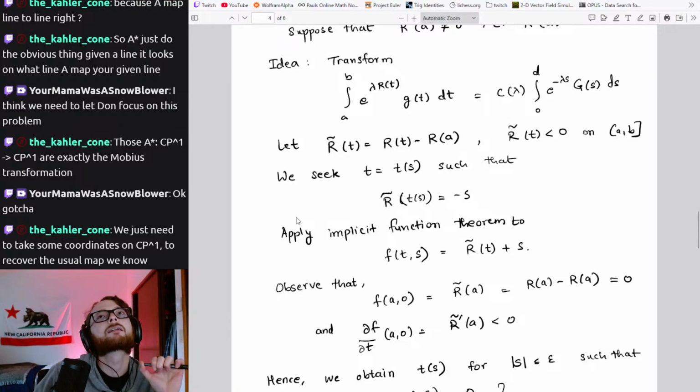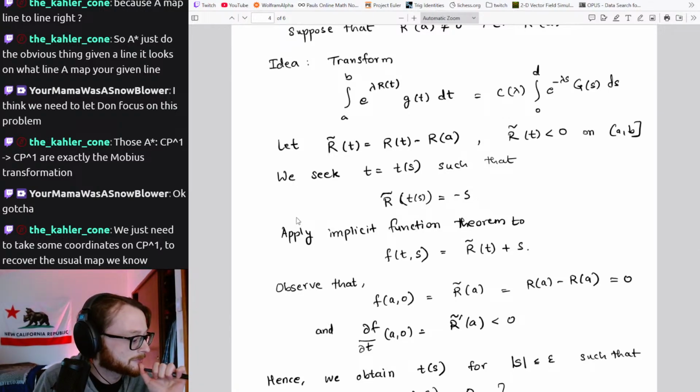There are some issues. It doesn't just map lines to lines though. The Mobius transform, if a line goes through the singularity, maps lines to circles. It only maps a line to a line if it doesn't go through the singularity.